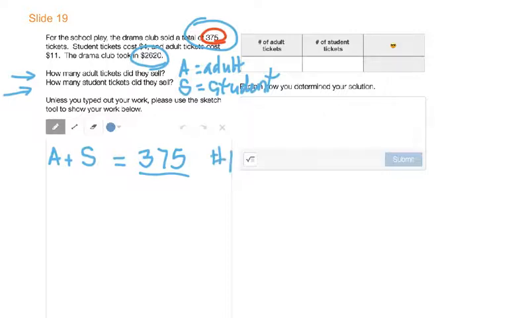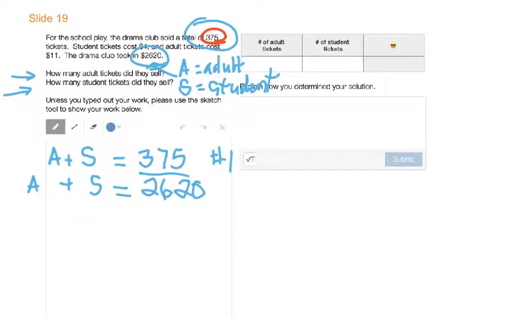What about the second equation? Well, we know that they made $2,620. So what do we know about that $2,620? We know that they sold adult tickets and they sold student tickets. Well, how much was each adult ticket that they sold?